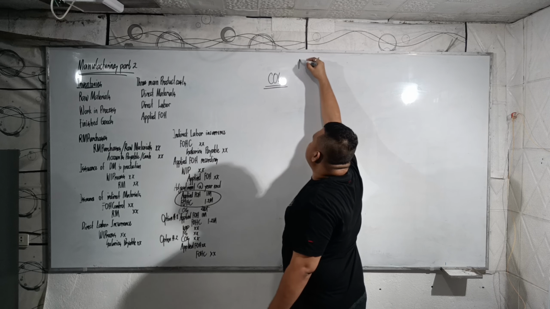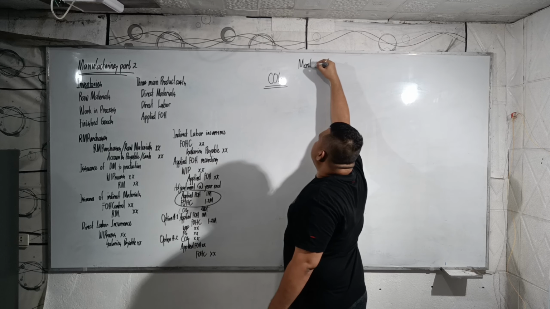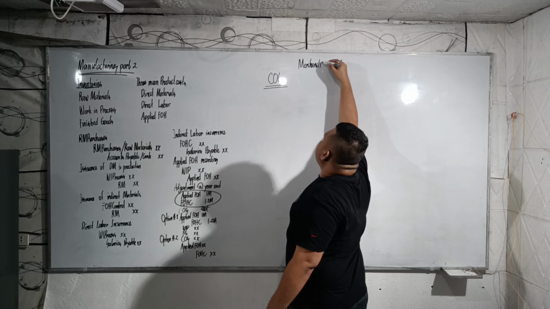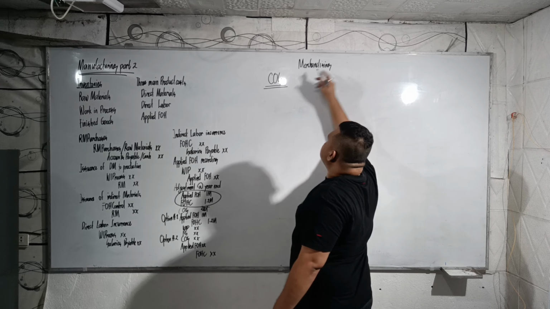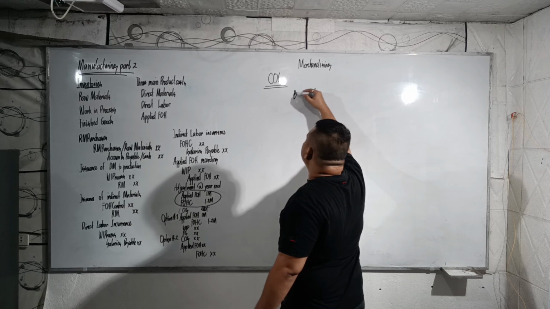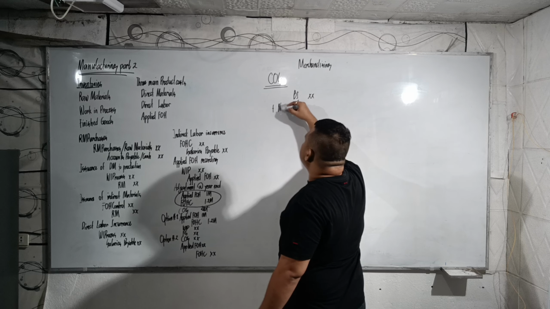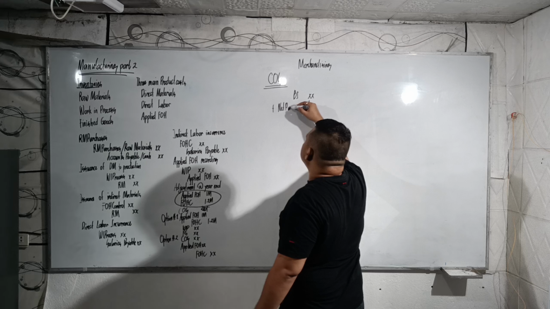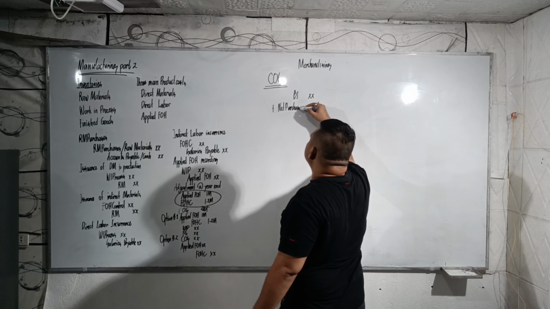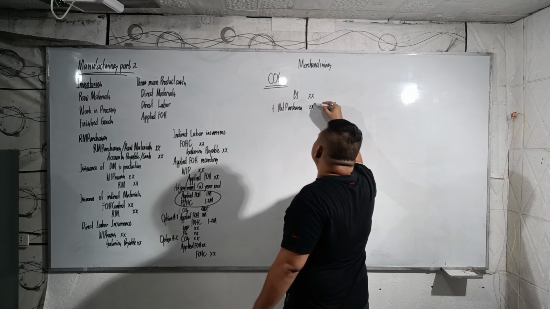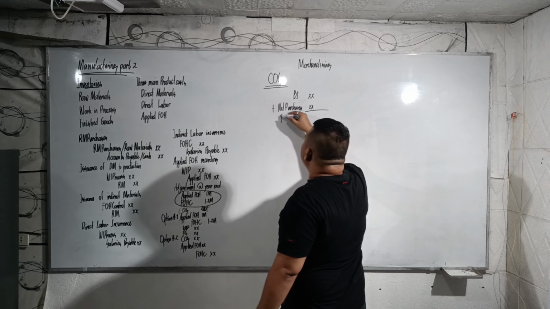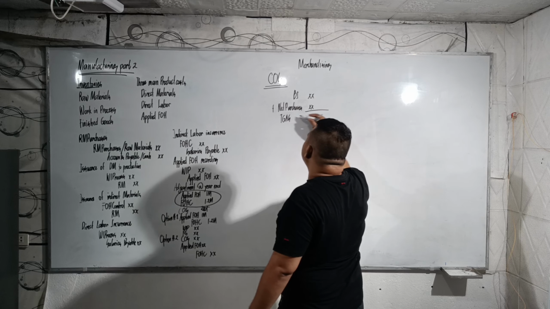On the merchandising, it's very easy. Beginning merchandise inventory, plus net purchases, gives total goods available for sale.